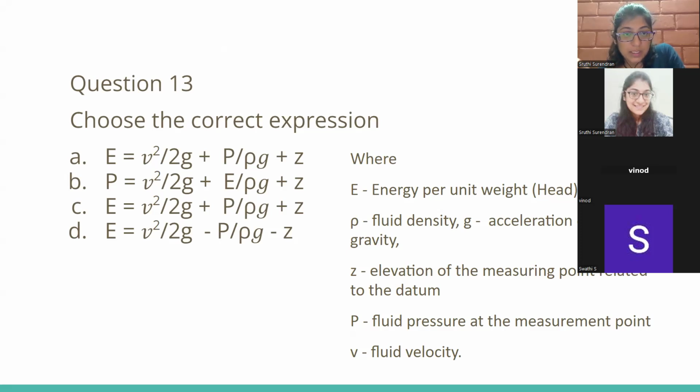Is it equal to V square by 2G, P by rho G plus Z, or which of the expression is true in this case? Option A and C are common, so yeah.